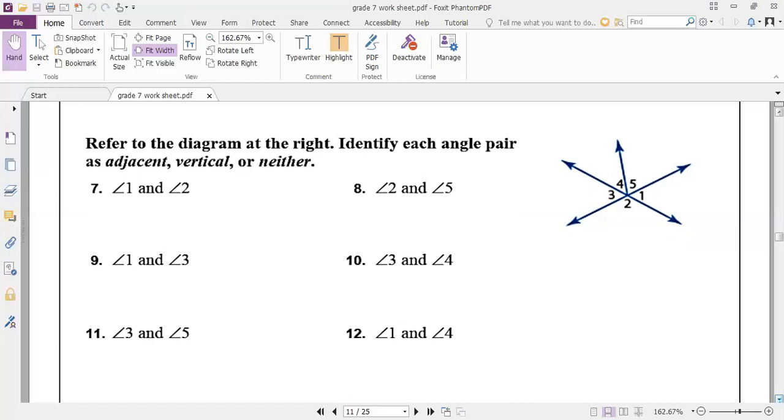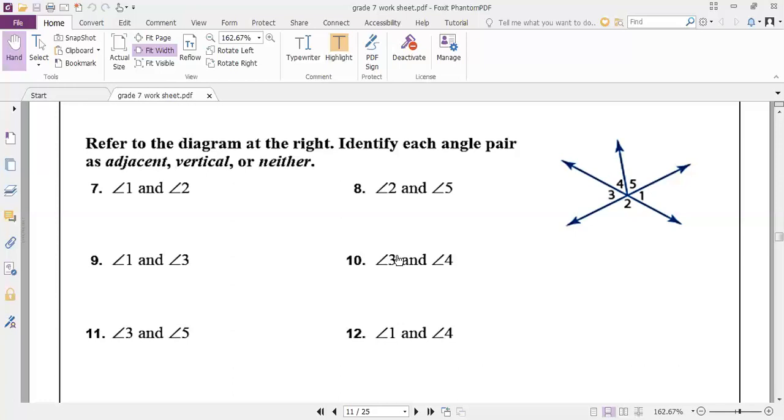Because we have two straight lines intersecting at one point, and this point makes these two angles, 1 and 3, equal in measure. So they are equal by vertically opposite angles, like 1 and 3, and 2 and 4 and 5.